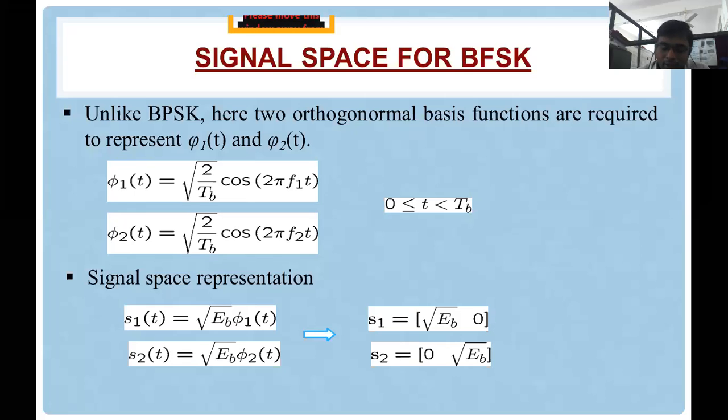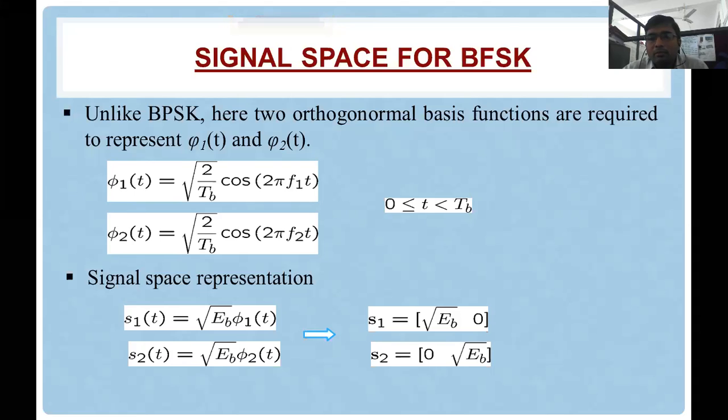After the generation and detection, we have to discuss a little bit about the signal space diagram of the signal. So here the signal space diagram of the BFSK signal is discussed. In this case, unlike BPSK, two orthonormal basis functions are required to represent the signal, phi 1(t) and phi 2(t).